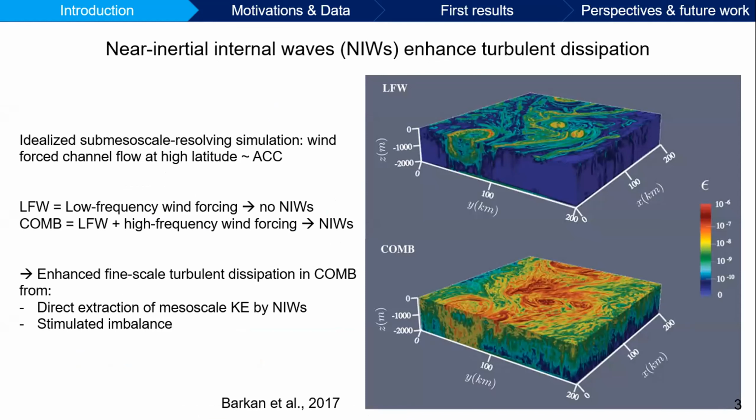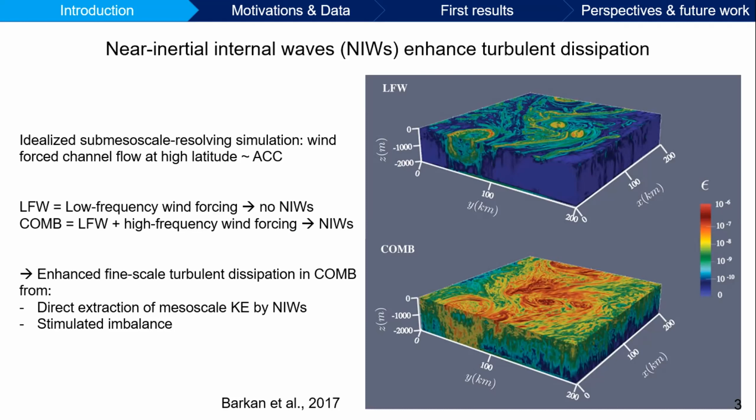Here you have an idealized mesoscale resolving simulation conducted by Barkan et al. in 2017, that is representative of the Antarctic circumpolar current. So they have two simulations, one with low frequency wind forcing that doesn't create near inertial waves, and another one that creates lots of near inertial waves coming from high frequency wind forcings.